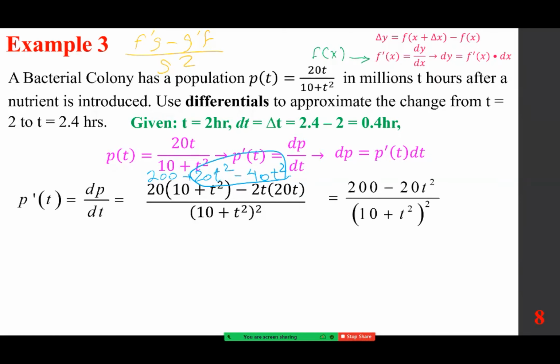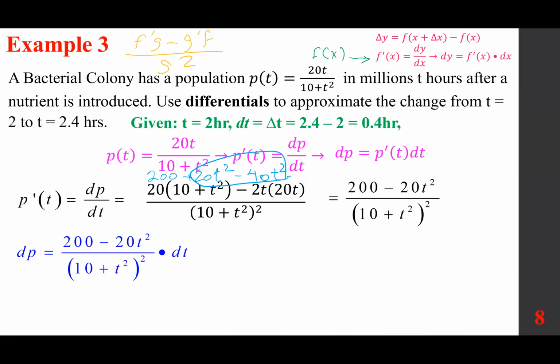We get 200 minus 20t squared over the bottom squared, and dP is the same thing times dt. We are going to replace the t with 2, and dt or delta t with 0.4.